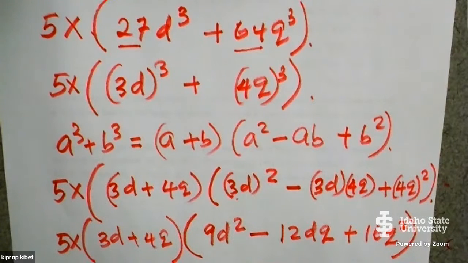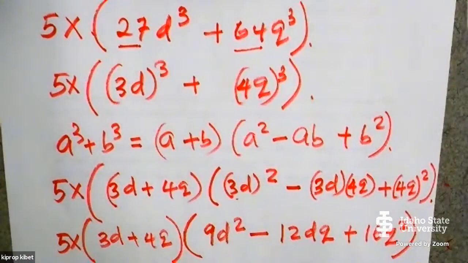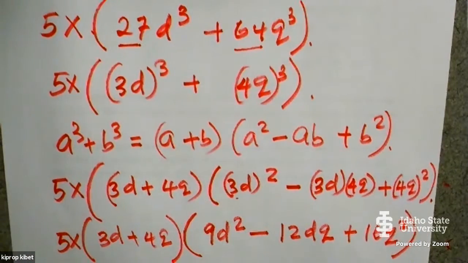Yeah, so do you have any other question? It's so long as you follow these steps, you go stepwise. As long as you follow the steps, it's easy. You see how easy it is, right?